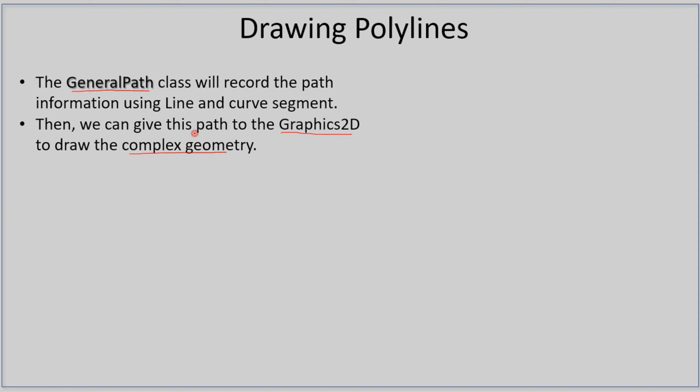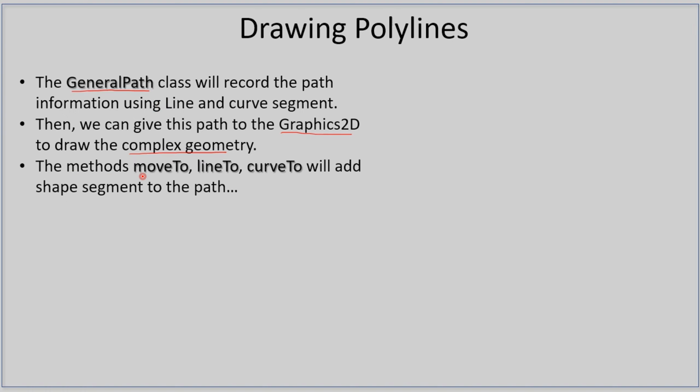We know that the draw method takes a shape instance. The same way you can give the GeneralPath, and the Graphics2D's draw method will then take care of drawing the complex shape.